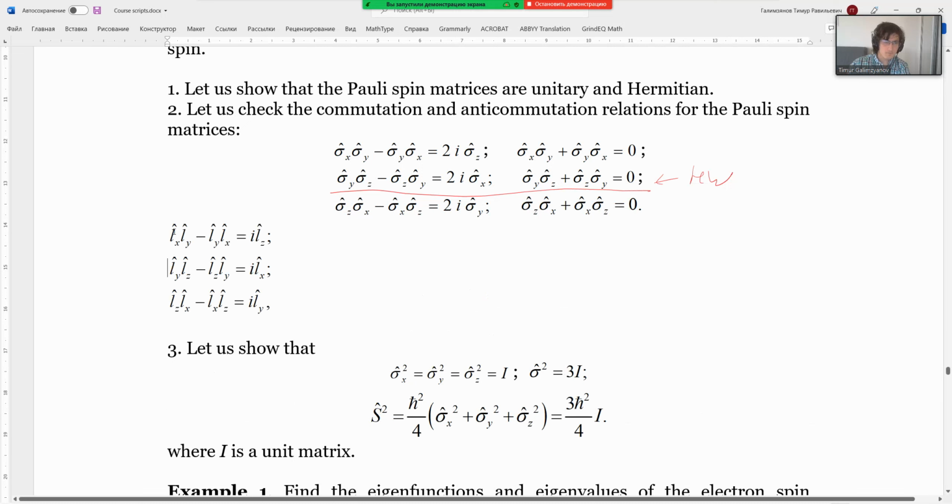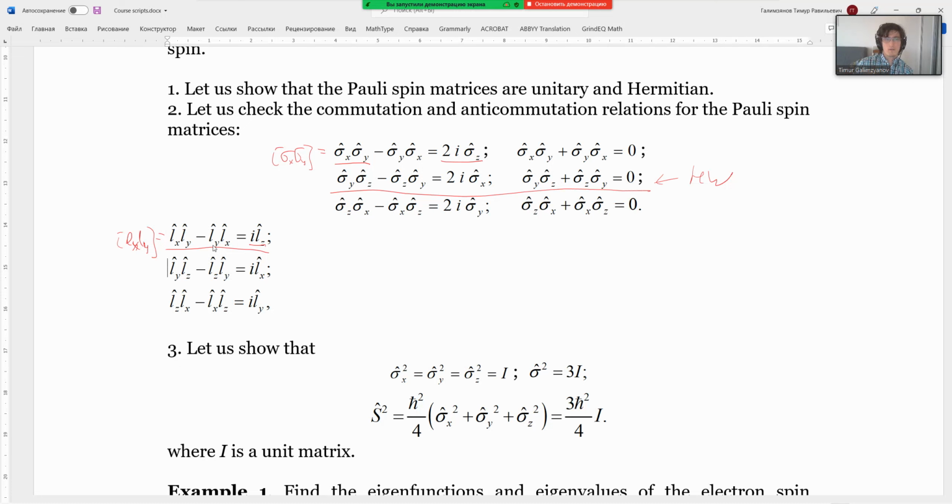You can check that the commutator of Lx and Ly, Lx Ly, gives us iħ Lz. So the commutator of sigma x and sigma y gives us 2i sigma z. So up to some multiplier, they are quite the same.